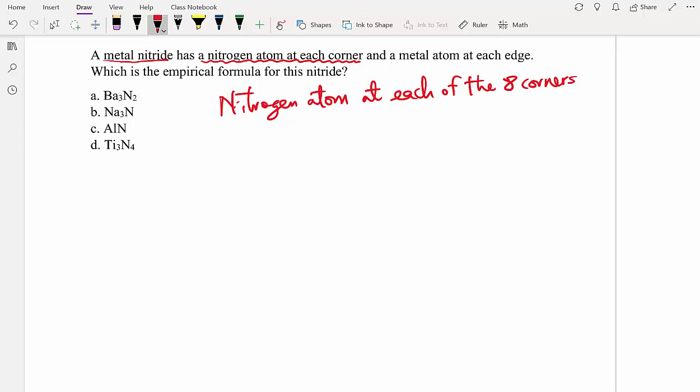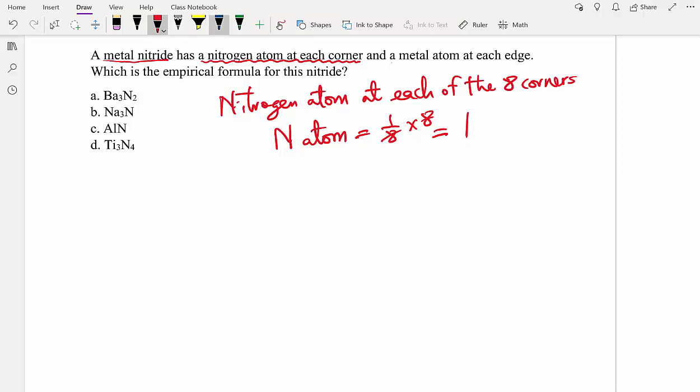Since each corner in a unit cell is shared by 8 unit cells, that means the total nitrogen atoms in one unit cell will be equal to 1 over 8 times 8. And that will be equal to 1.